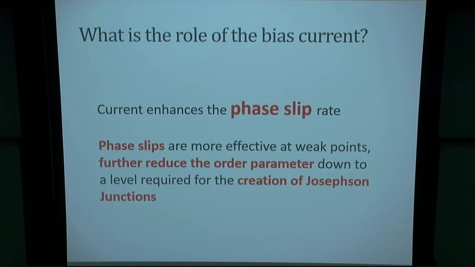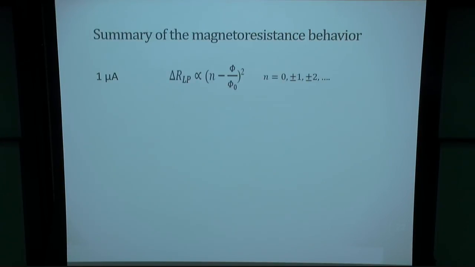So even if the order parameter doesn't go to zero at certain points, at certain fields, still the phase slips will dig in and will cause effectively a junction in the system. And this is what we actually see. We see a ring with two Josephson junctions.